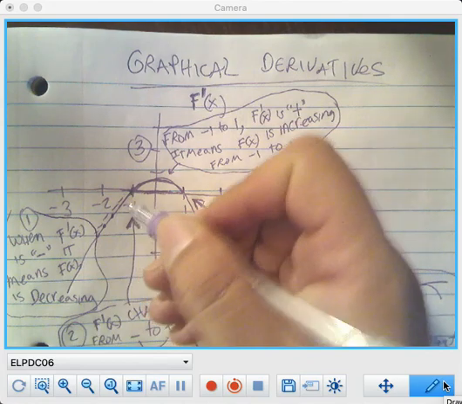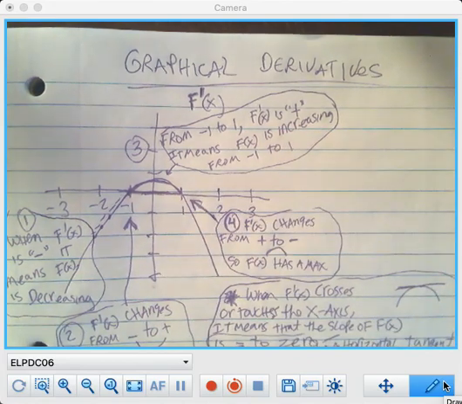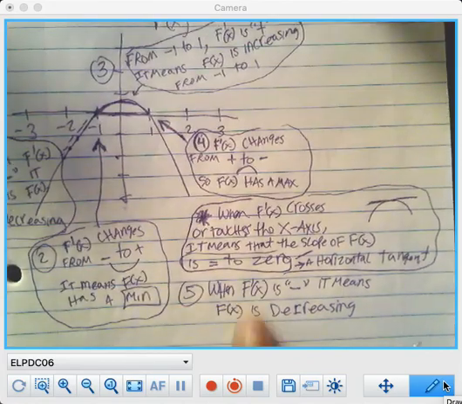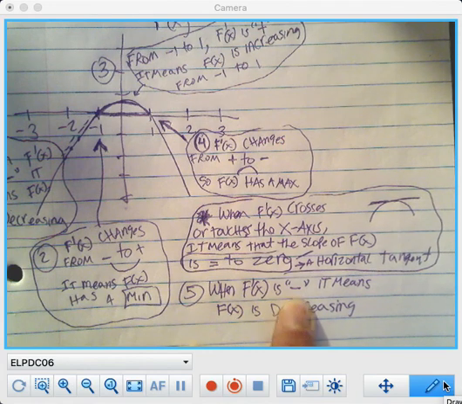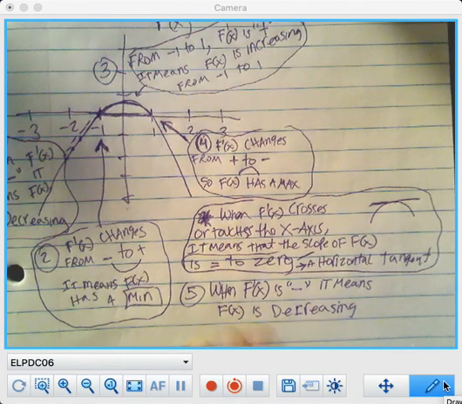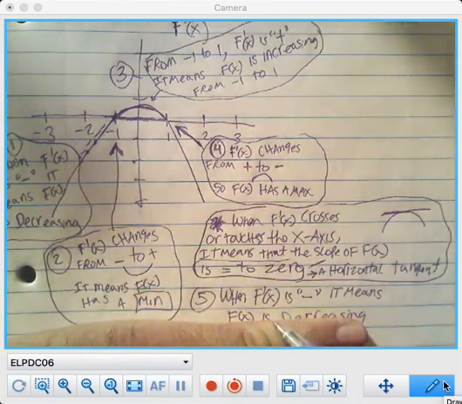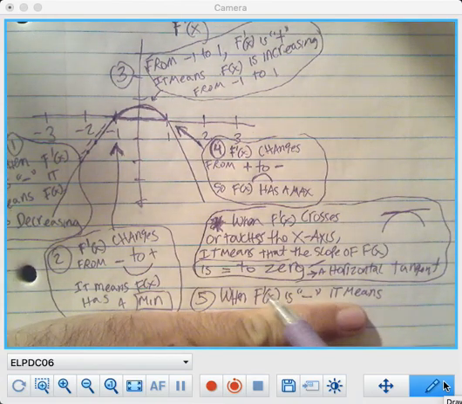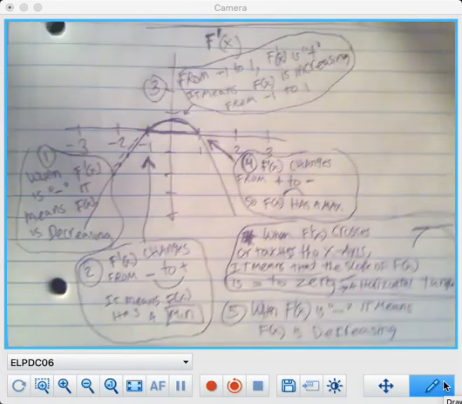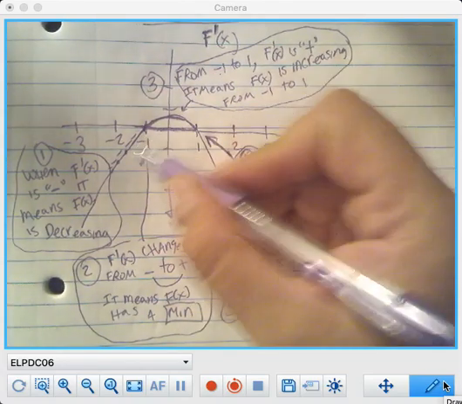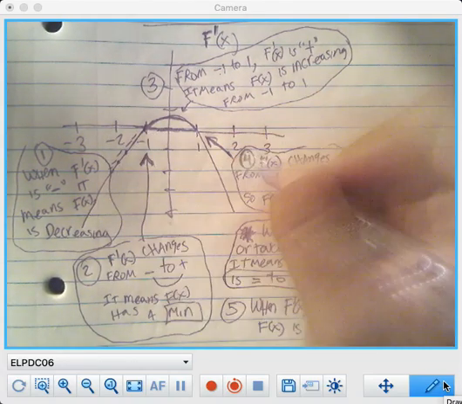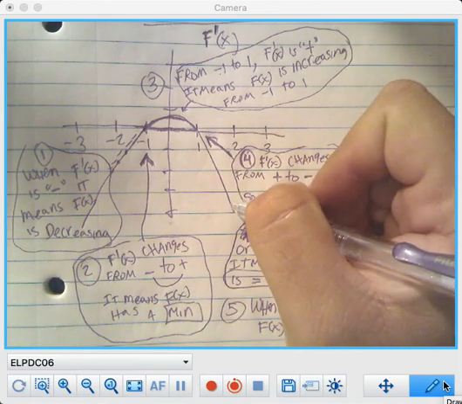Okay? And that's the same thing that we put on number 5. If you can see number 5, when f prime is negative, it means f of x is decreasing. I haven't talked about f of x is decreasing. I'm just explaining this. F prime of x is negative. So if you look at our graph, f prime of x is negative here and here. Okay?